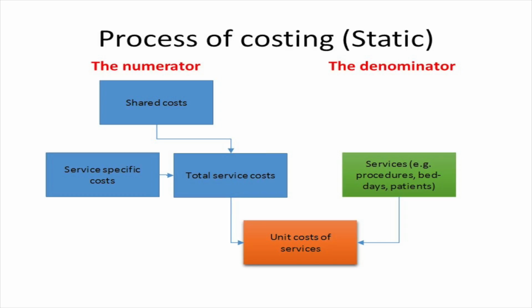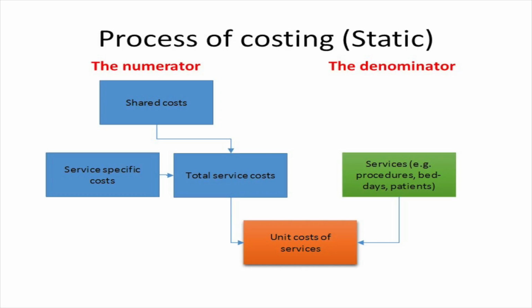One is service-specific costs, so the direct costs of providing a particular service, the drugs, the inputs of doctors and nurses and so forth. And then there are always shared costs. There's always a problem of sharing overhead costs between a number of services in order to come up with an accurate representation of actual costs.